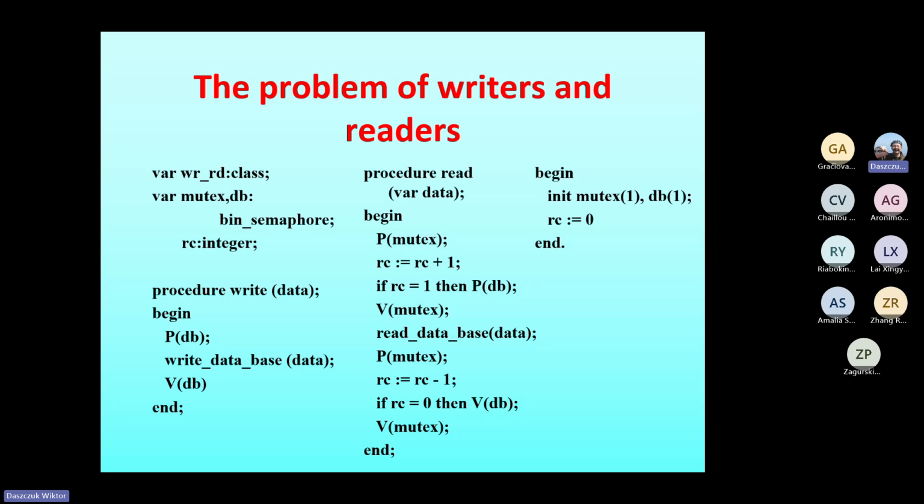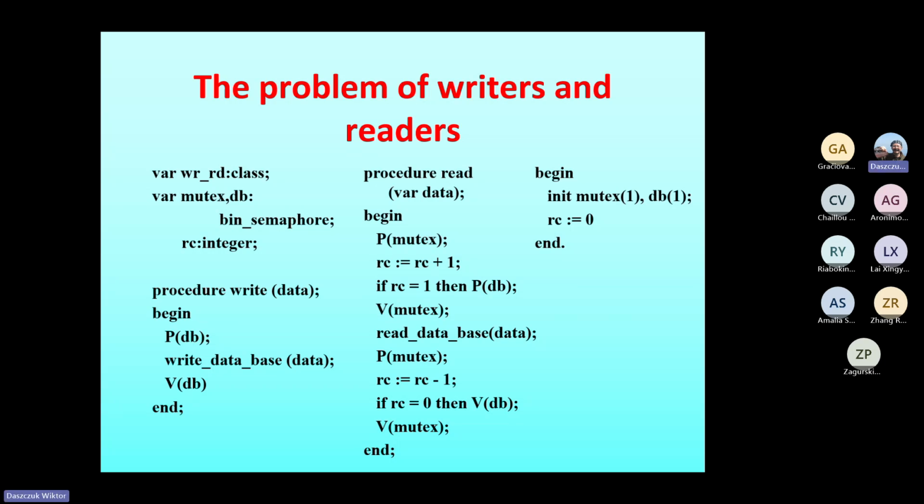So we cannot allow concurrent writing to the database because it can raise an error in the database. So two producers, two writers, cannot write to the database at the same time. So the database is a critical section between them because they cannot enter writing together if there are more than one.